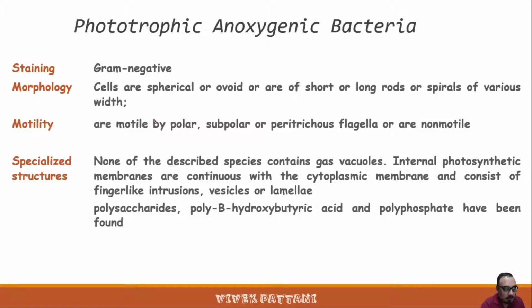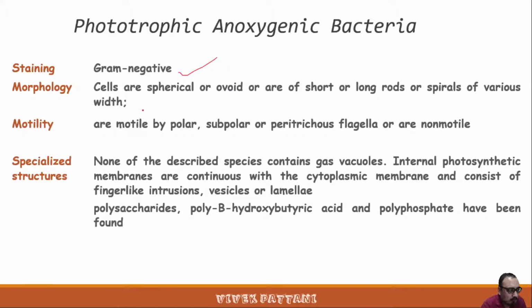However, algae and green plants make much more of the world's carbohydrate supply. So there are basically two types: oxygenic phototrophic bacteria and anoxygenic phototrophic bacteria. Let us first discuss some of the basic characters of the phototrophic anoxygenic bacteria.